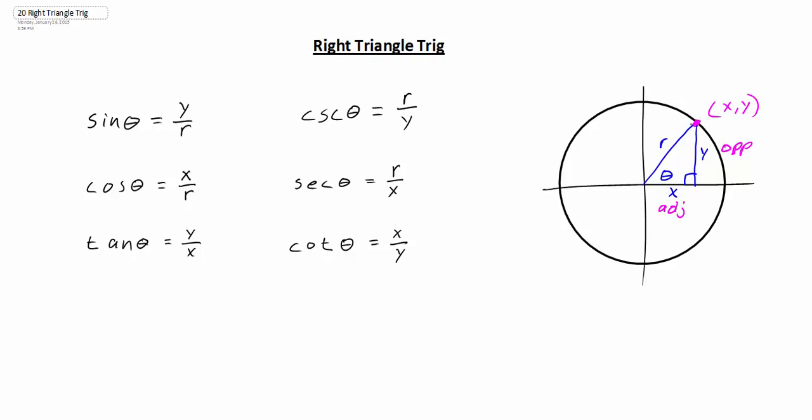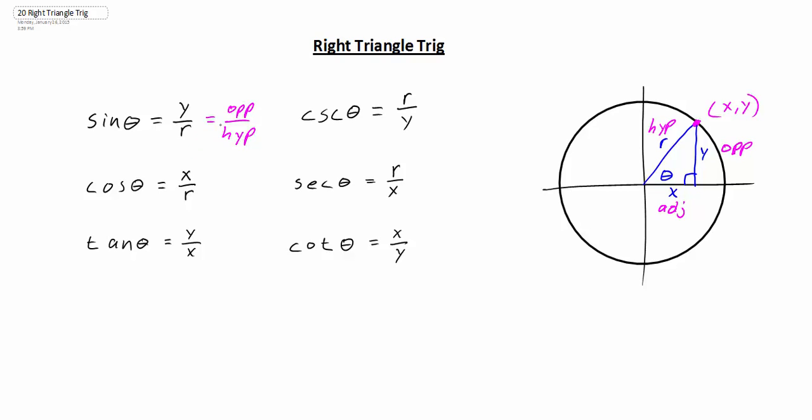And the side opposite of the right angle is referred to as the hypotenuse. So here we could think of the sine of theta in terms of y over r, or as a right triangle, we could think of that as the opposite over hypotenuse. Okay, so we can think of this either way.